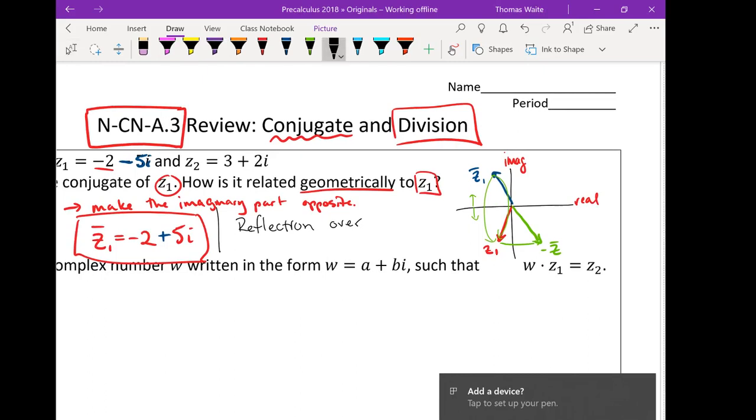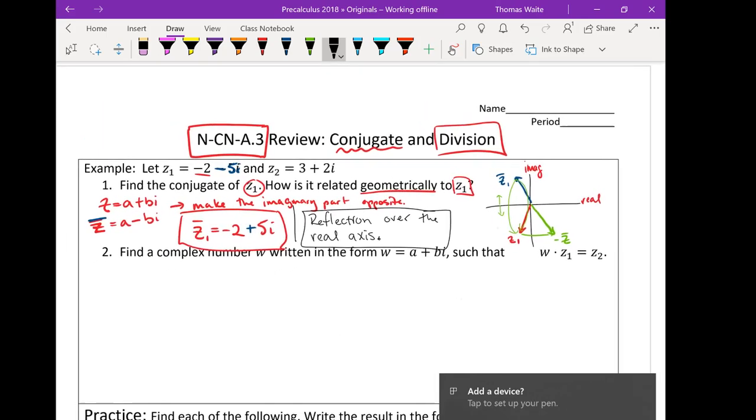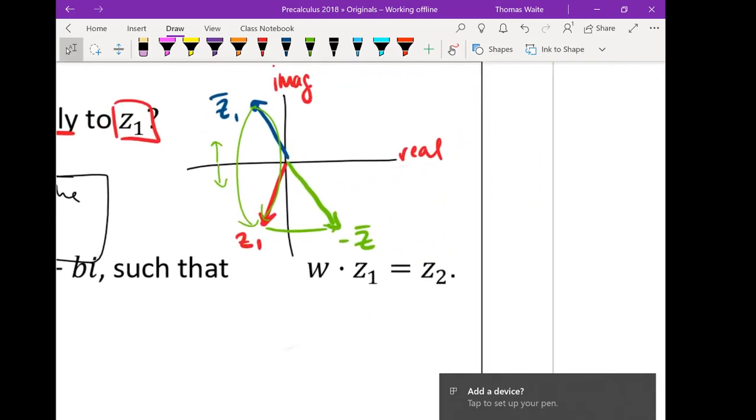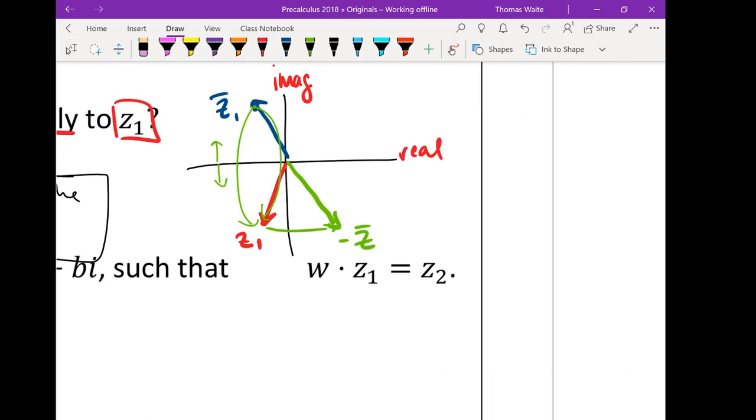It's a reflection over the real axis. Great. And this diagram also shows us, if it asked what number is a reflection over the imaginary axis, it would be here. It's the negative conjugate.